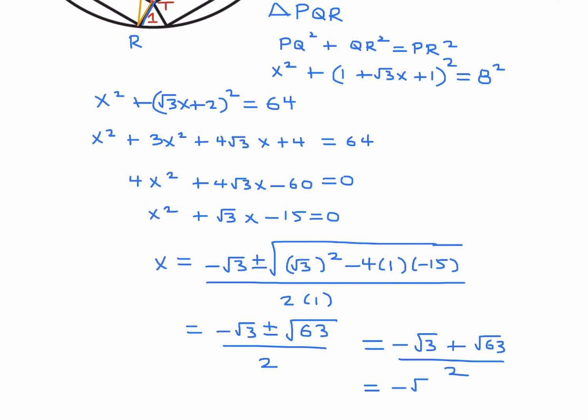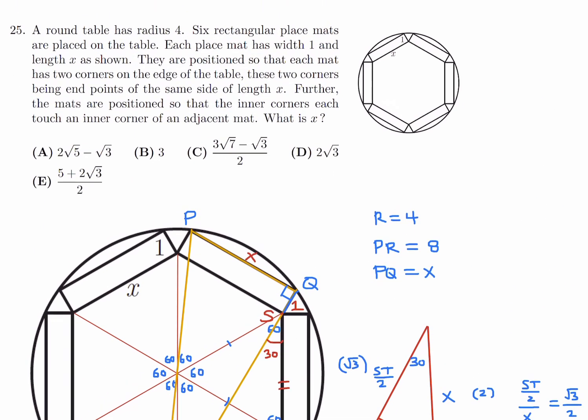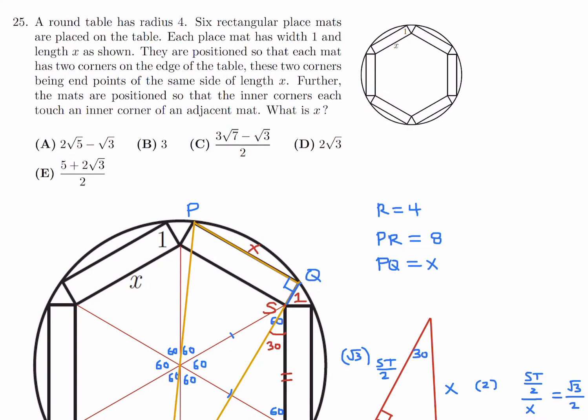And I think we can simplify the root 63. It's 9 times 7, so 3 root 7, all over 2. So there you go. Minus root 3 plus 3 root 7 over 2. And that is choice C for number 25.